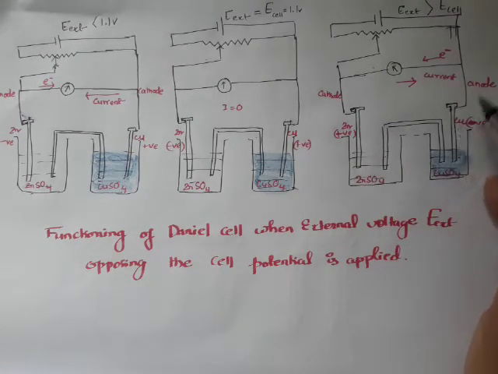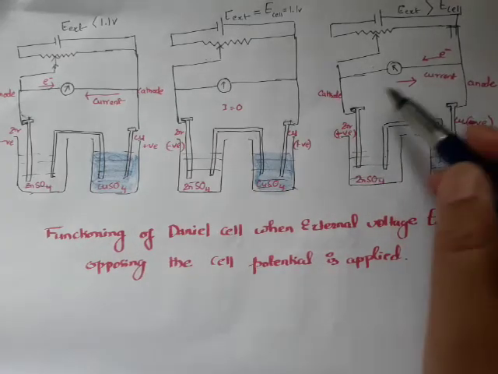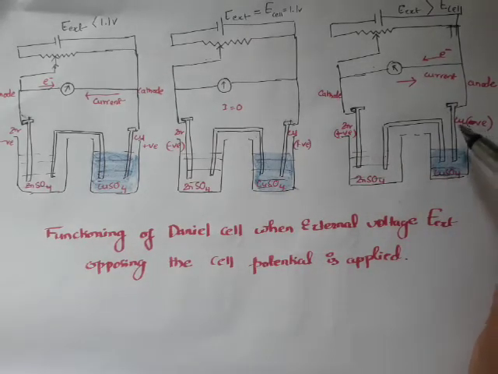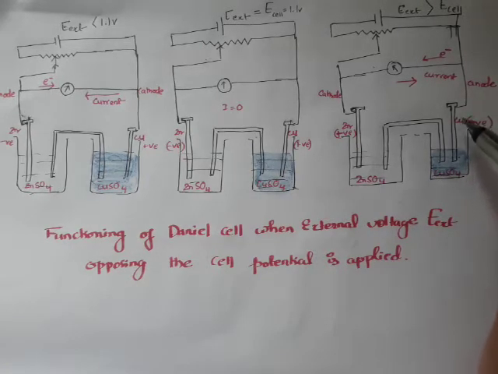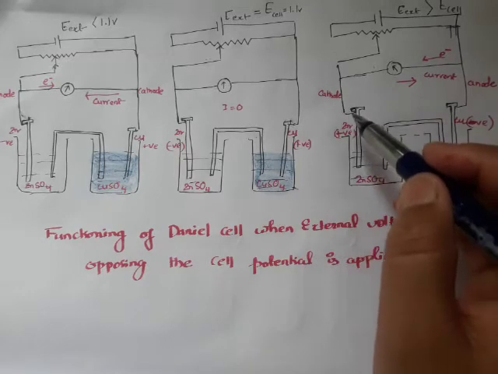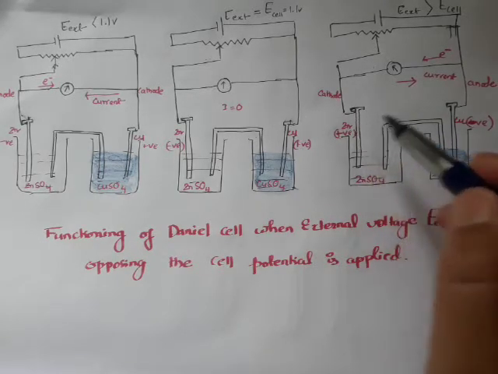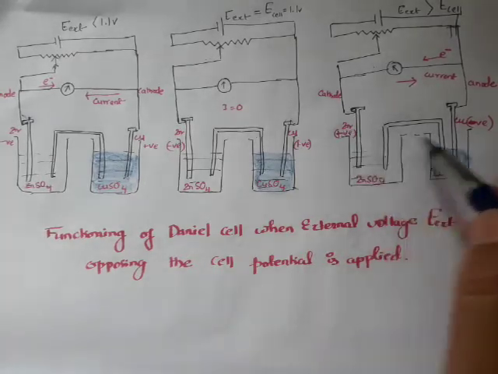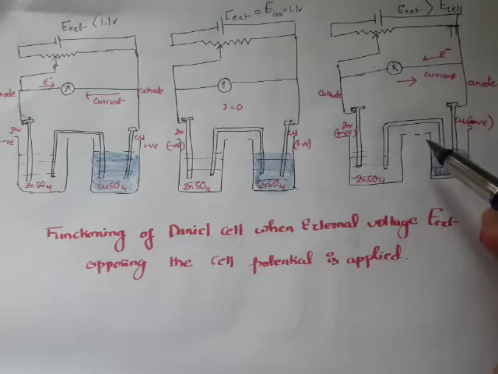So copper is now the anode and zinc is the cathode. At the anode oxidation takes place, so copper gets oxidized and releases electrons, which travel through the conducting wire and reach the zinc electrode, where reduction takes place. So your galvanic cell will now act as an electrolytic cell.